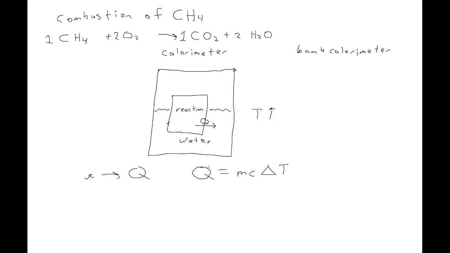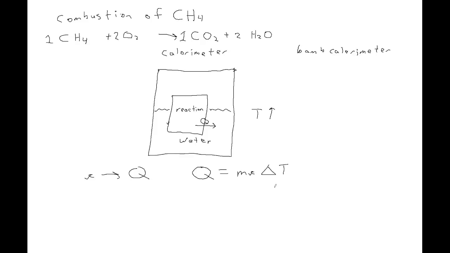Now, most of the problems we're going to do are not going to involve specific heat. They're going to involve heat capacity, capital C. How can we rewrite this equation so it has a capital C in it and not a lowercase c? Well, I guess substitute the lowercase c for capital C. So what would be the new equation?